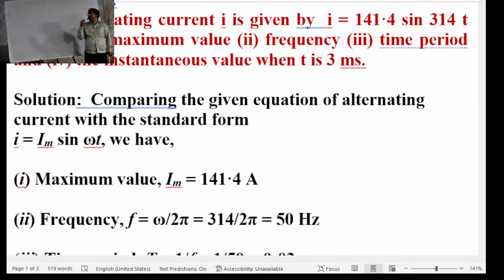Find the maximum value, frequency, time period and instantaneous value when t is 3 milliseconds.